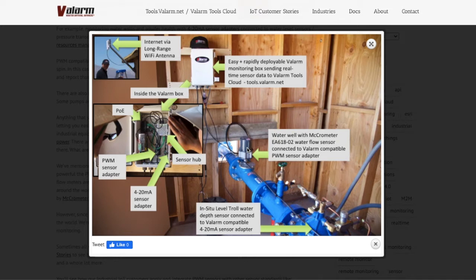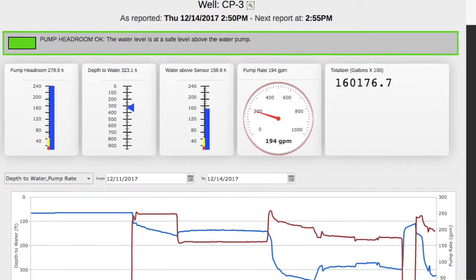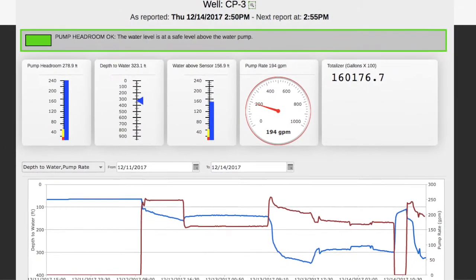PWM compatible sensors are all around us. Some have flow meters with impellers and propellers inside the pipes that physically spin.